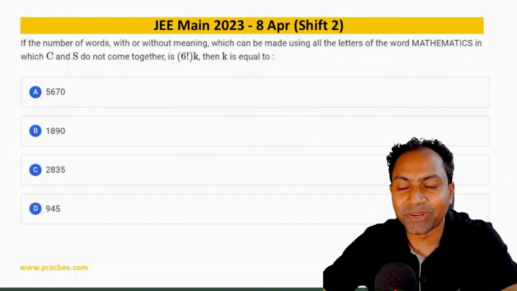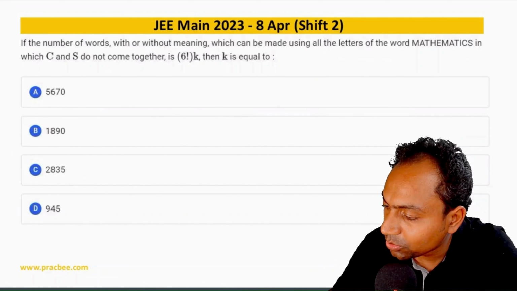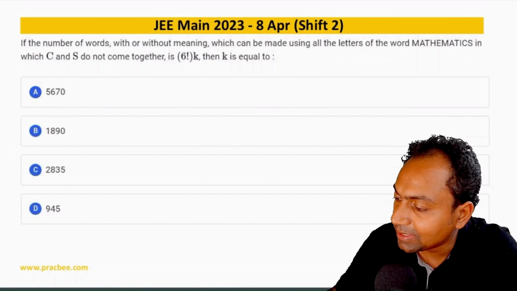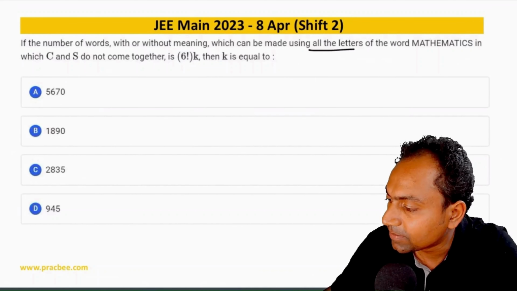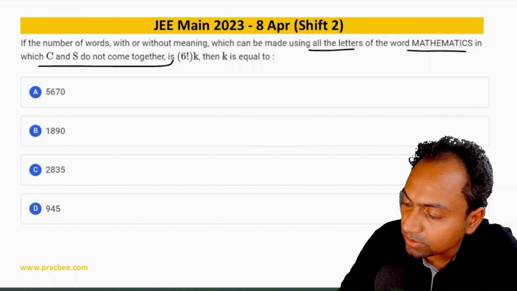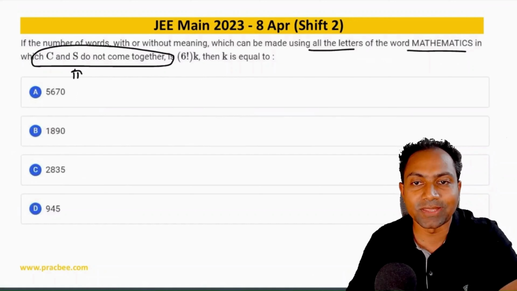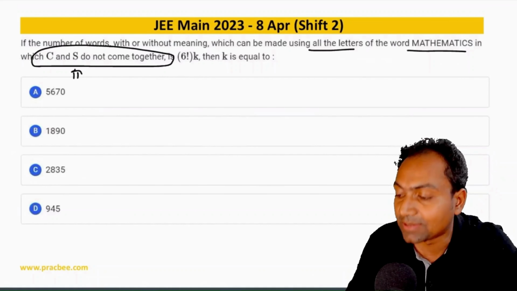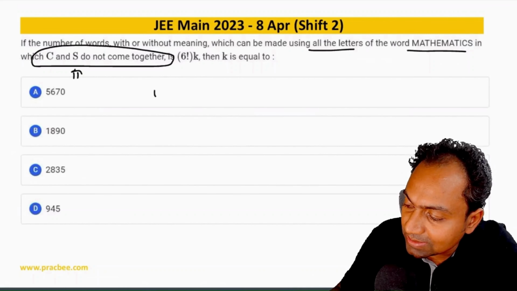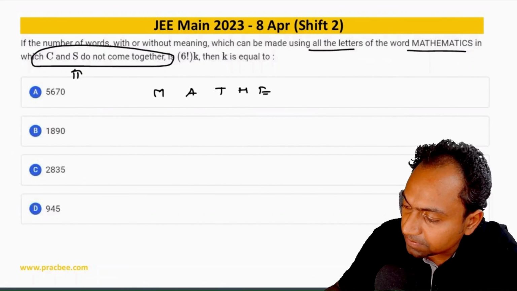Now in this 2023 question, they are talking about how many words, with or without meaning, can be made using all the letters of the word MATHEMATICS, such that C and S do not come together. When we talk about 2 specific letters not coming together, this is a question based on the gap method. So let us write MATHEMATICS first.